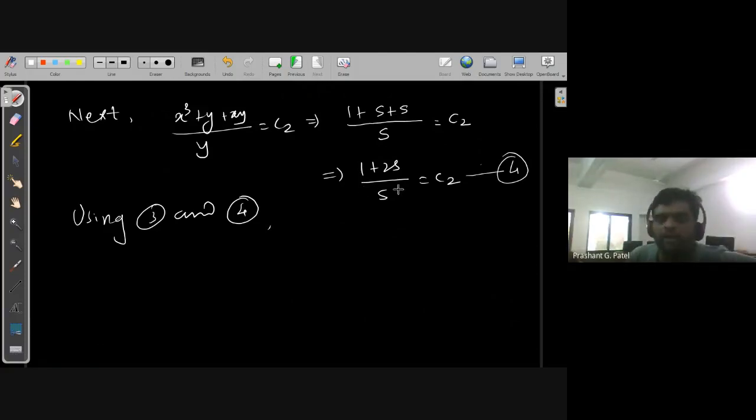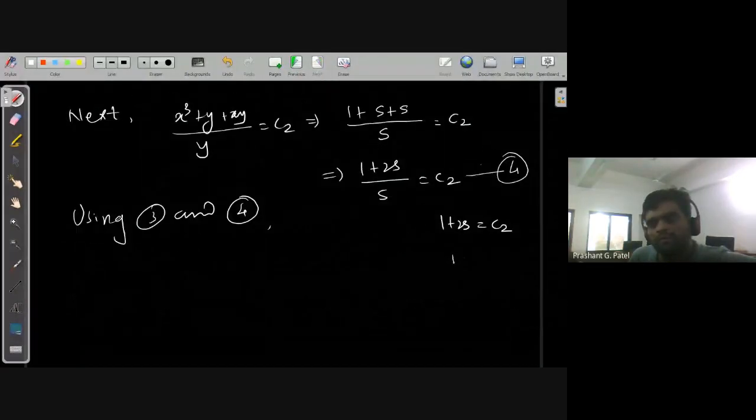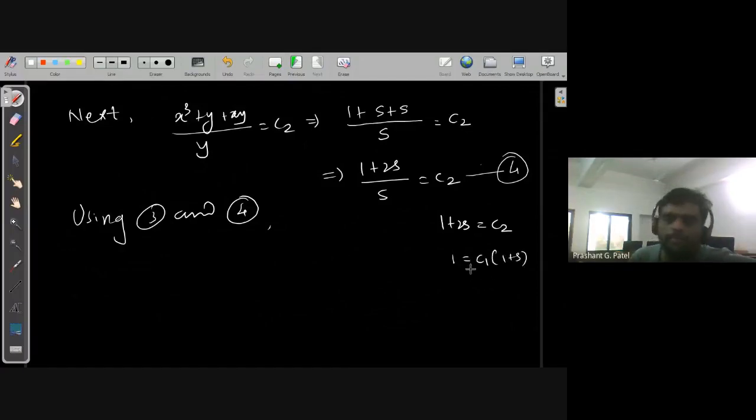Here we have 1 plus 2s is equal to c2, and previously we have 1 equal to c1 into 1 plus s into s. From this we can calculate the value of s, and from the other we can also calculate the value of s.